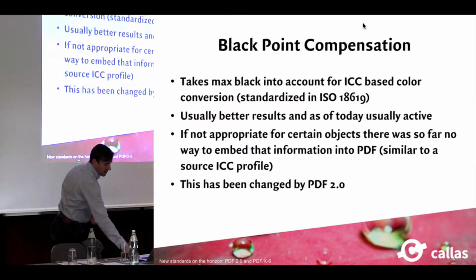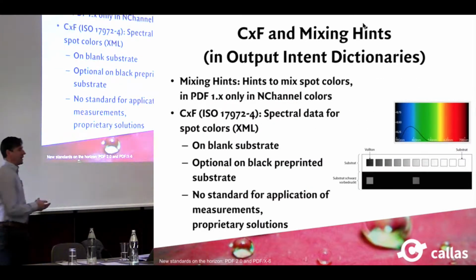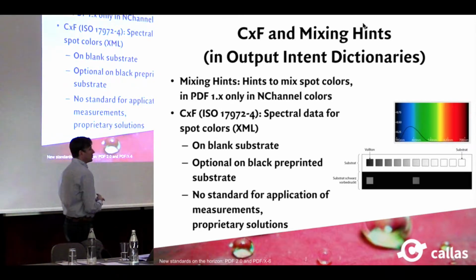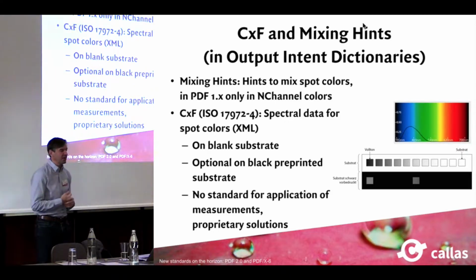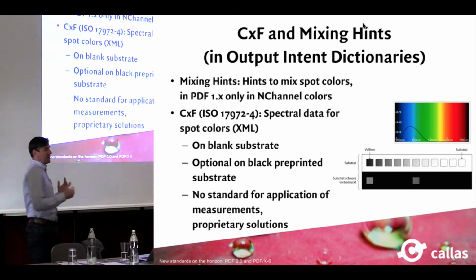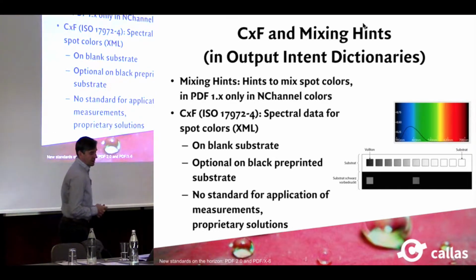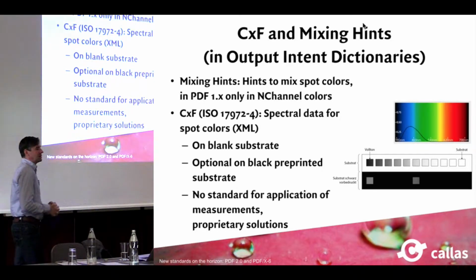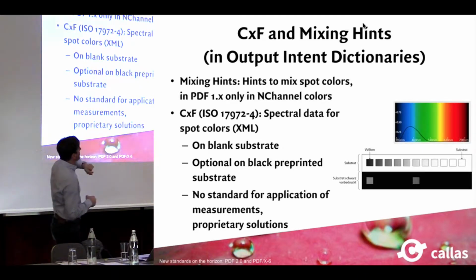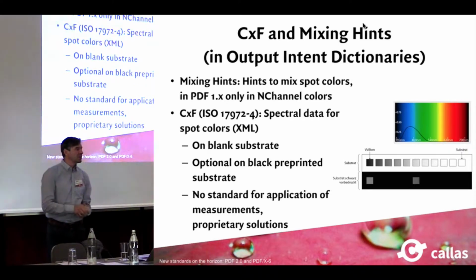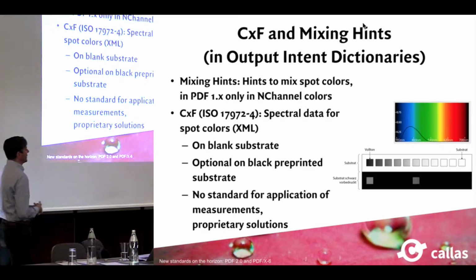And if you have a printing device that by its nature cannot print spot colors, then you need to reproduce them with whatever color space you have. That might be a 4-color offset printing machine, but that might as well be a 7-color digital printing machine. ICC-based color conversion allows you to get good results, but if you would base your processes on real spectral measurements, it would potentially give you much better results.